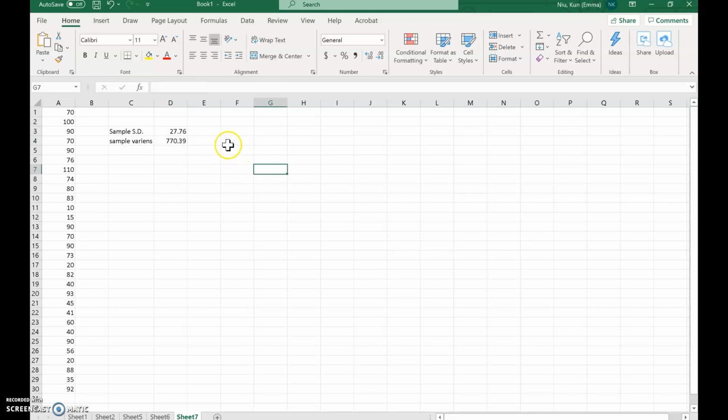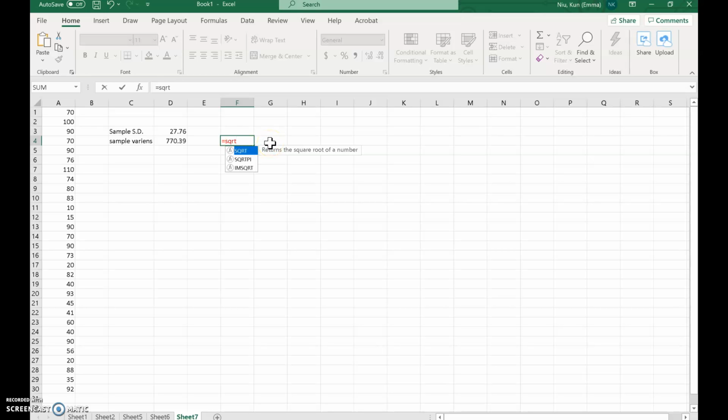Okay, something else I want to show you here. I'm going to use a different color. If I want to do the square root, the formula for square root is SQRT of the variance. If I round it, I will get the standard deviation back.